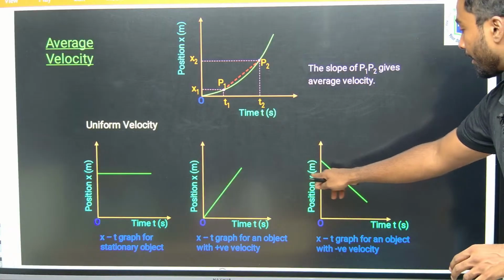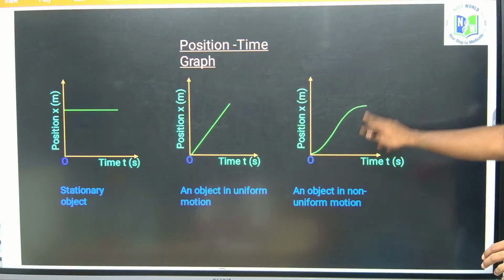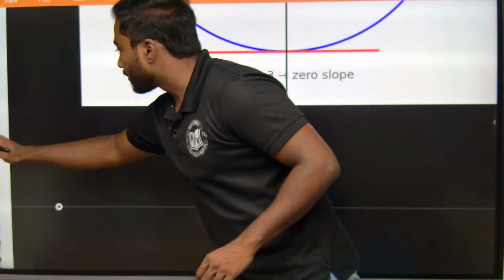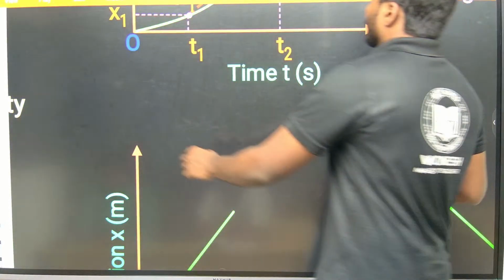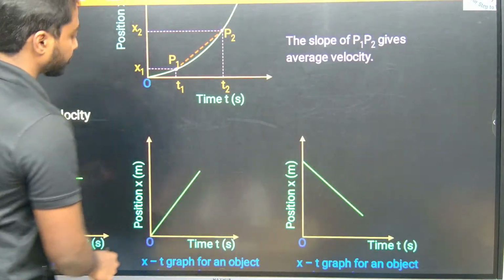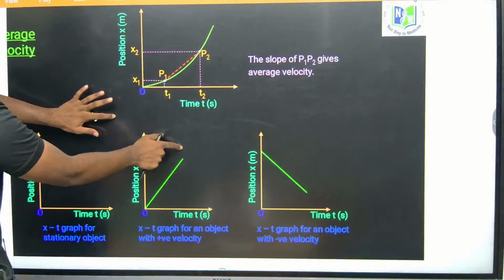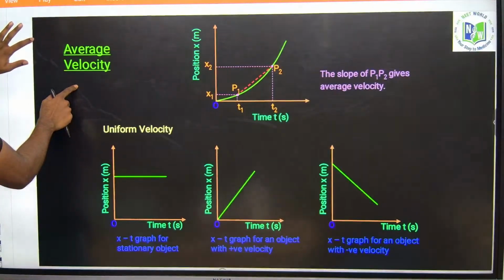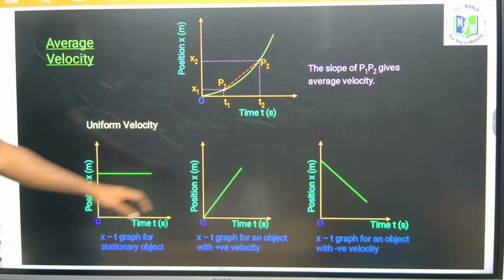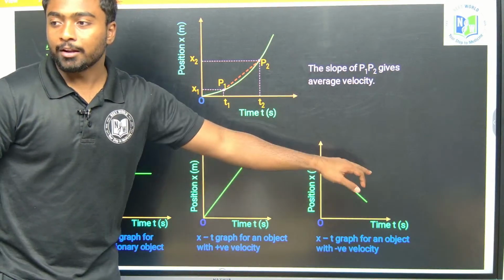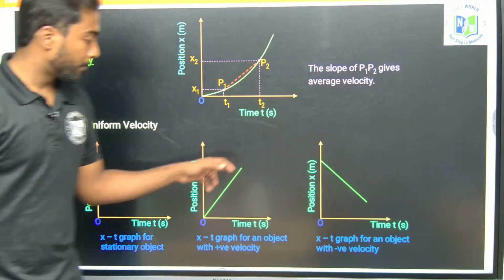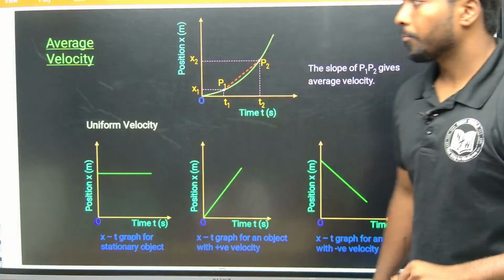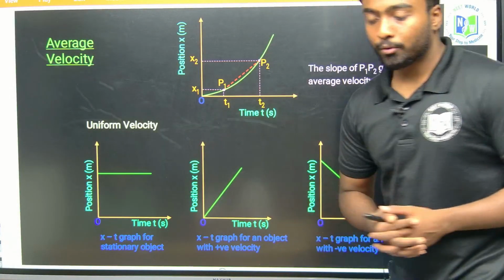If I take a horizontal line and take an angle, it is greater than 90. So negative slope, positive slope, and 0, but it's a constant slope. Got it? You can take a note of this.